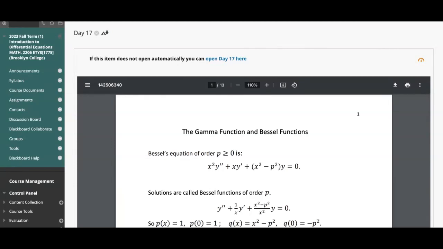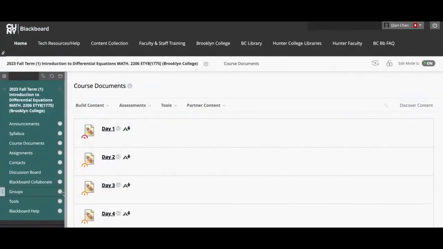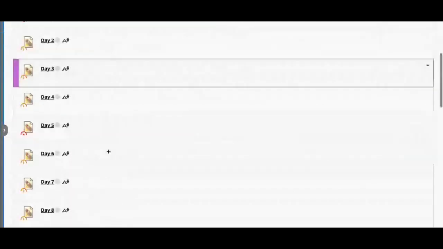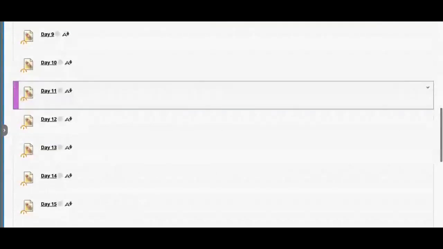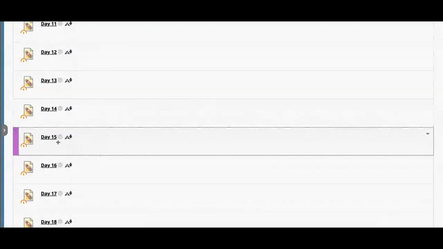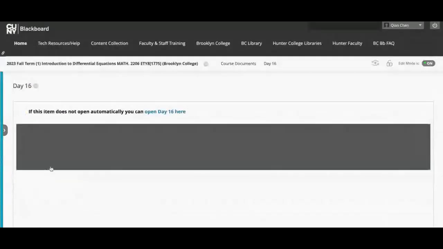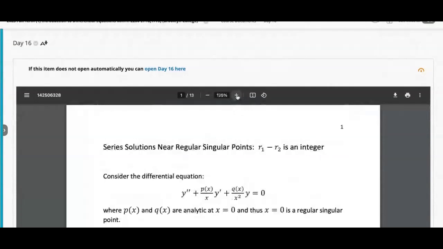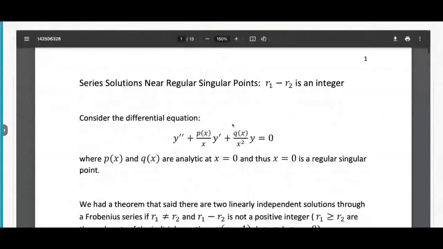Yes, Shuxian. Could you repeat the non-log and log, what R1 and R2 are? You're talking about the fraction, but I didn't get it. Let's go back. Let's see it, right? So 16. Two cases, for the regular singular point.